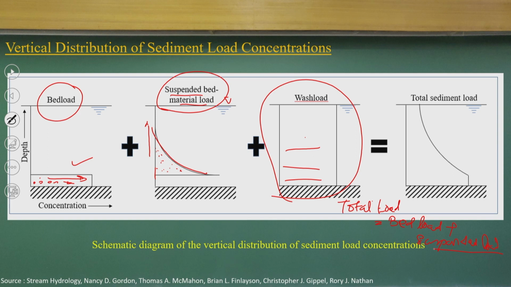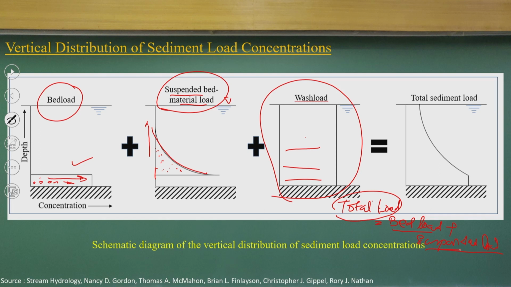So, please try to understand how the sediment concentration varies vertically: bed load, suspended load and the wash load. If you consider the wash load, the total diagram will come like this, but for the total load from a morphological point of view, we have a combination of bed load and suspended load. That is the concept we follow.